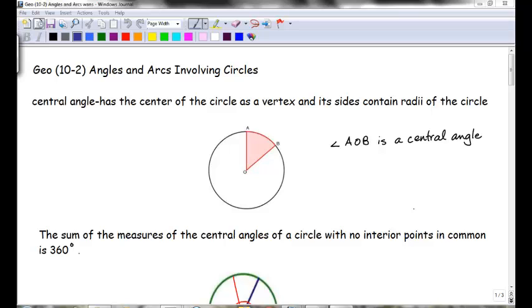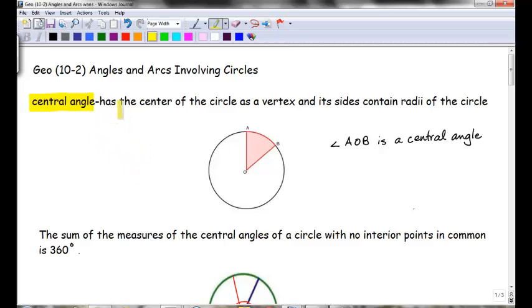Okay, this is section 10.2, and we're going through angles and arcs involving circles. There are different types of angles in a circle. The first one they talk about here is what they call a central angle. We need to look at the definition of a central angle.